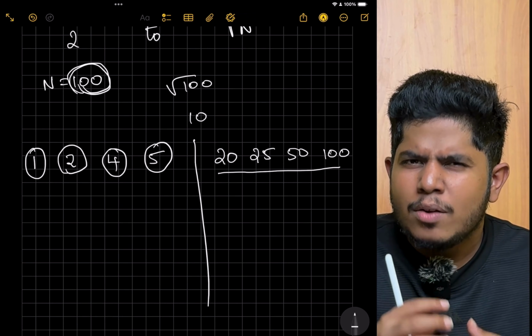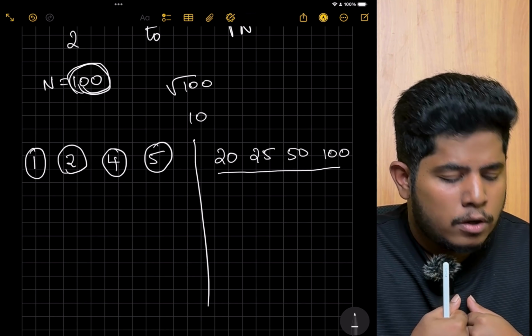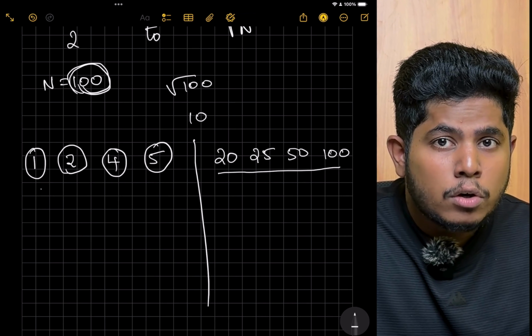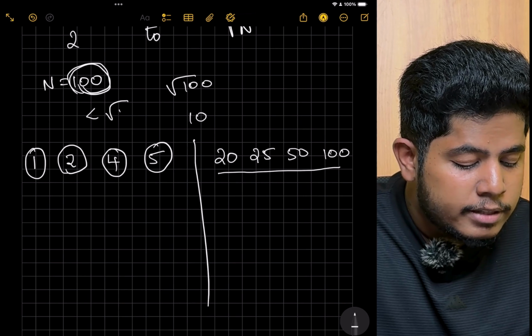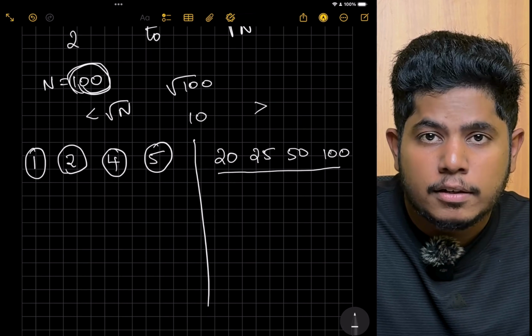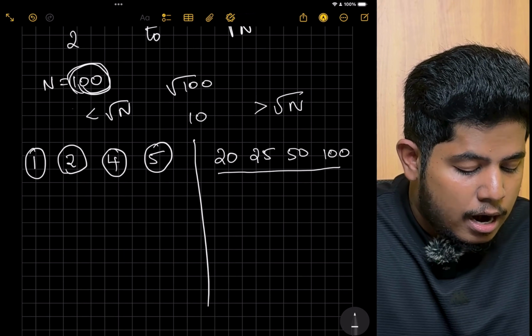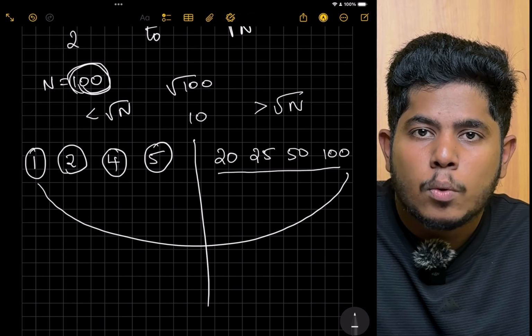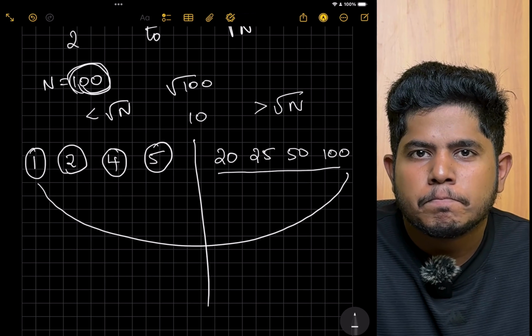So what can we infer from this, what can we understand from this? For every factor on the left side, which is every factor less than square root of n, there exists another factor which is greater than square root of n. 100 divided by 100, 1 and 100 connected. They are a pair. Let us take them as a pair.